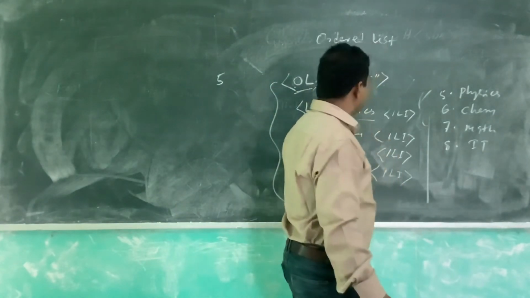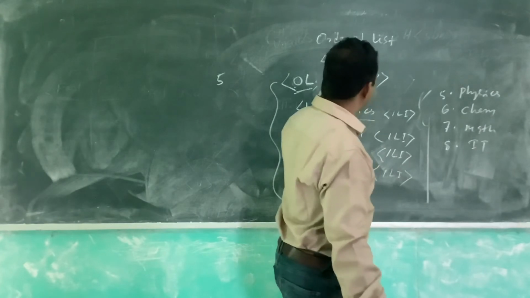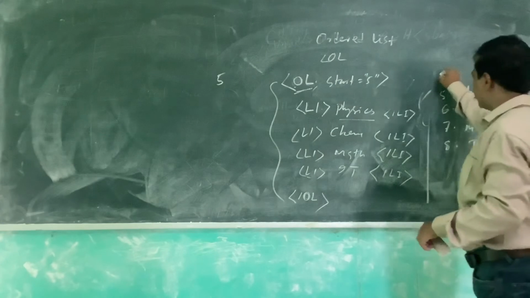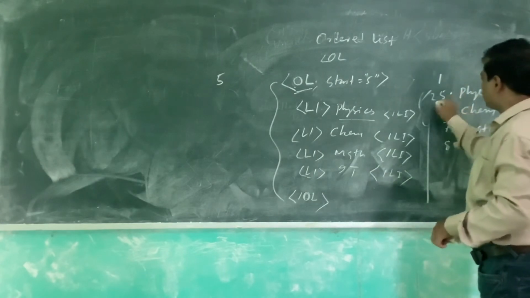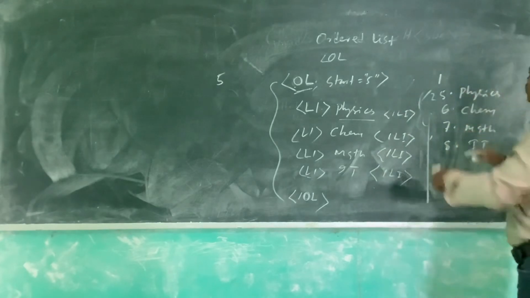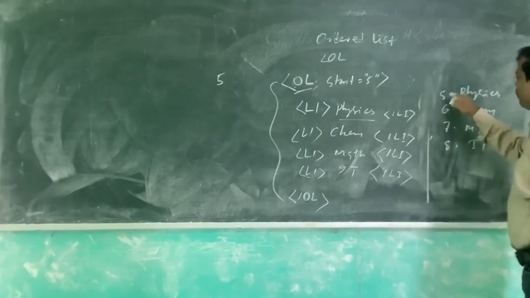So the output will be the starting point. If you omit this part, the starting number is 1, 2, 3, 4. But we want to start the ordered list from 5.